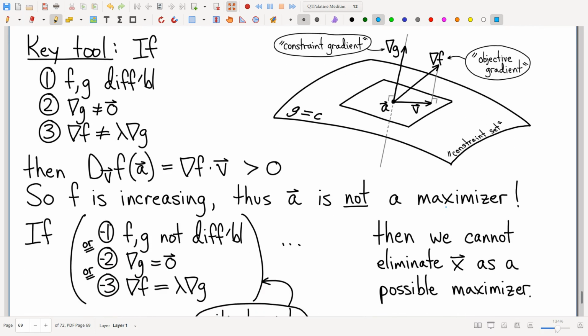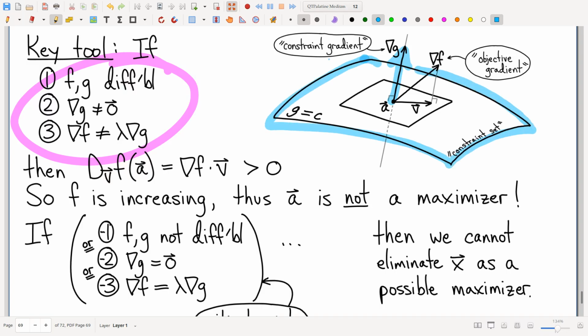Okay. All right. How does this work? The big idea, again, is a process of elimination. Here we have a list of 3 conditions that, if they happen, mean that my constraint gradient is pointing perpendicular to the constraint set, and my objective gradient, by not being a multiple of the non-zero constraint gradient, has to be pointing off axis, right?